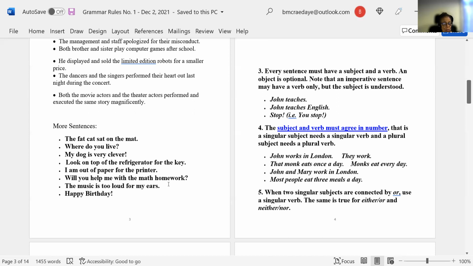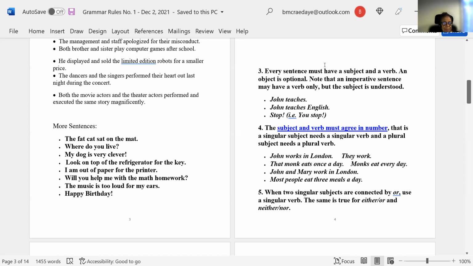The music is too loud for my ears. Music, subject, is the verb. Now here's one with an exclamation point. That is a sentence. Happy birthday with the exclamation point. That's the same category if you said help or stop. Those kinds of expressions are telling you to do something.